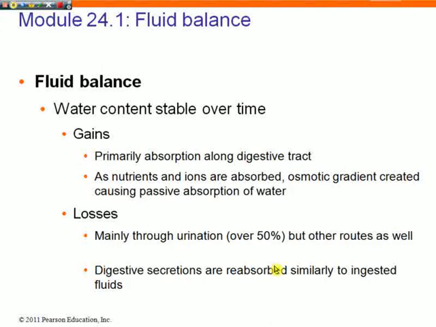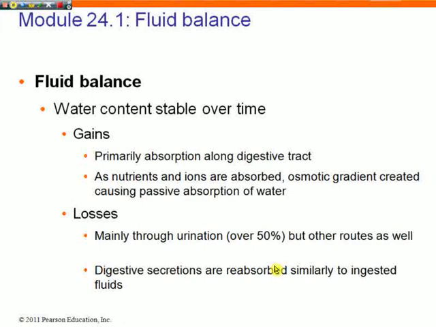Now your body very carefully balances the fluid within it, and the water content stays stable over a period of time. So while there may be a little bit of plus here, a little minus there, over time your body keeps the water content, or wants to keep the water content, quite stable. So the way the body gains fluid primarily is absorption along the digestive tract.